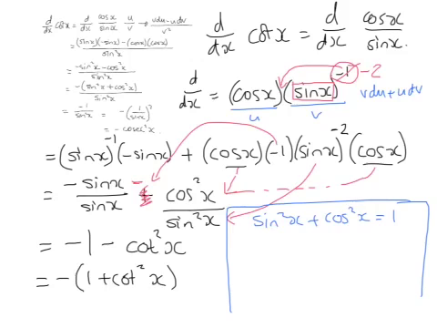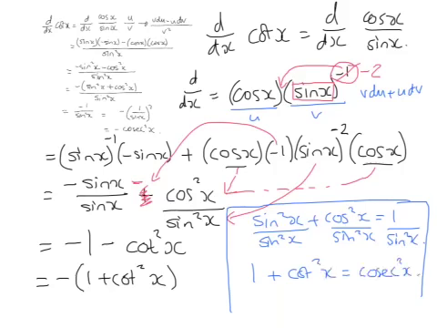If I divide everything by sine squared x, then we get 1 plus cot squared x is cosec squared x. You probably already know that by now. So here, instead of having minus 1 plus cot squared x, we could say that that is minus cosec squared x. Derivative of cot is minus cosec squared x. That way was harder, I admit, but it was more fun.